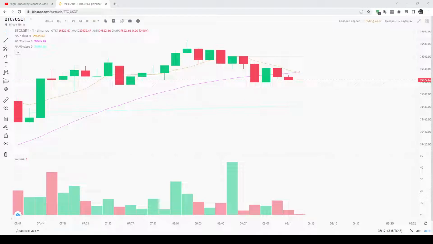A doji could anticipate a reversal, or it can be a sign of consolidation. This example shows how the market changed direction after the formation of the doji candlestick. The market was trending up, meaning that buyers had more strength. The formation of the doji indicates that the buyers were unable to keep the price higher and the sellers pushed price back to the opening price.